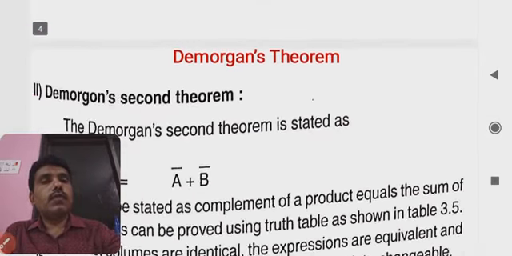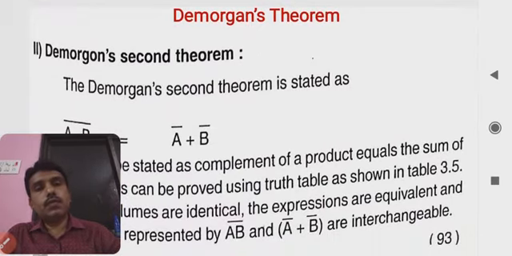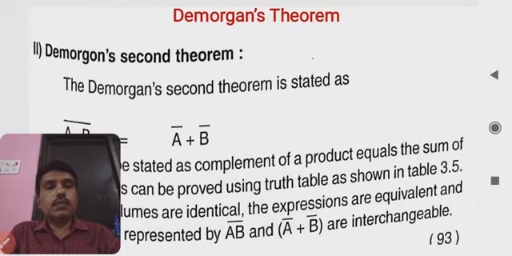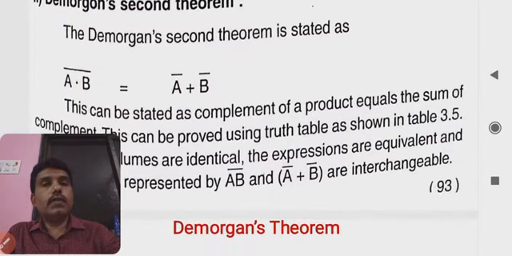In the same way, the reverse of this first theorem is the second theorem of De Morgan. In the first theorem, what we learned is that the complement of the sum is equal to the product of their complements, and here that will reverse, and that will give us the complement of the product is equal to the sum of their complements.